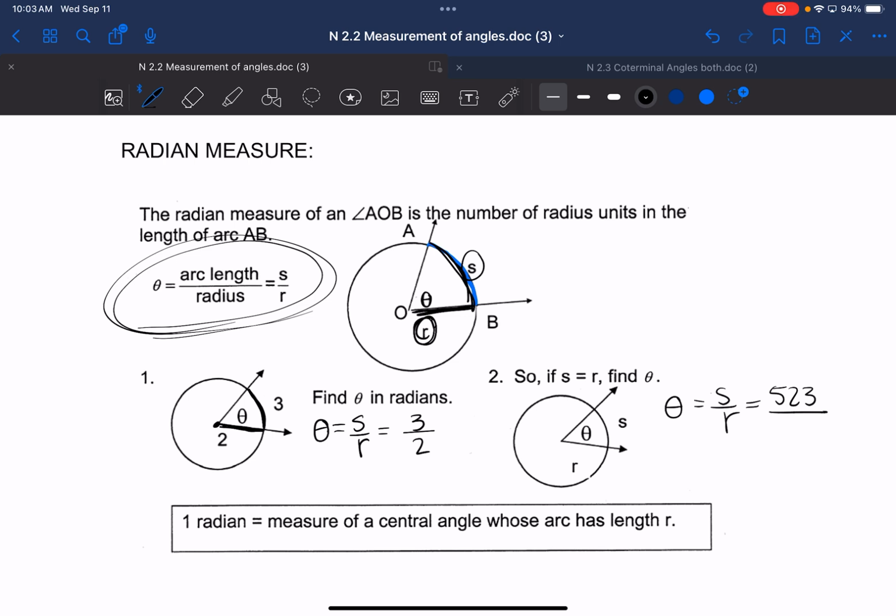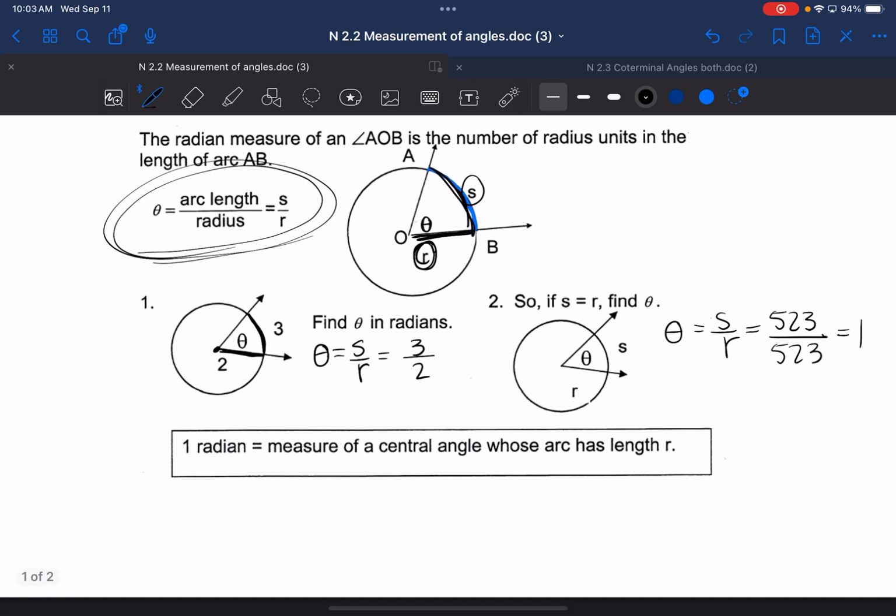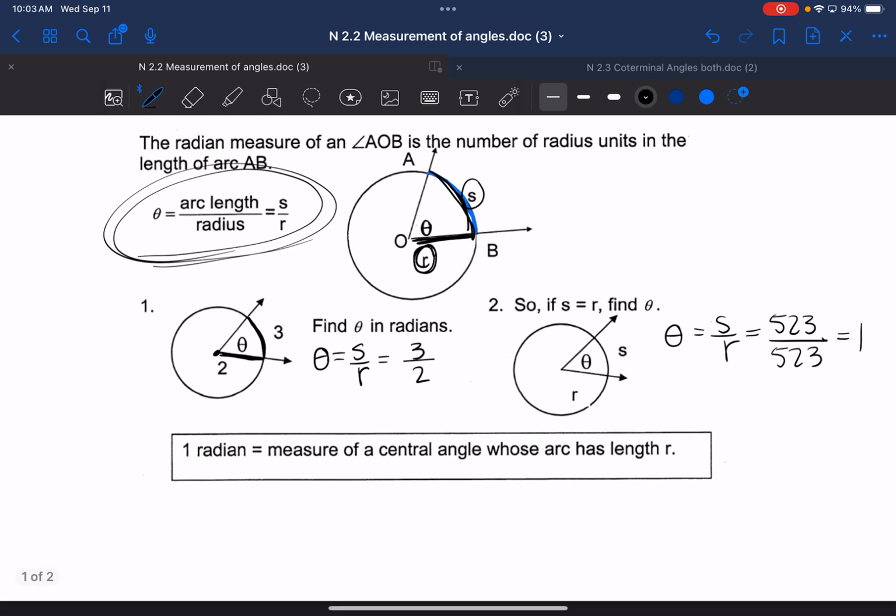If R is supposed to be the same, does it matter what numbers I put over each other? They all simplify to 1, right? Okay? And then it says here that 1 radian is the measure of a central angle whose arc has a length R. So that's what we just found here. This is 1 radian. Okay?